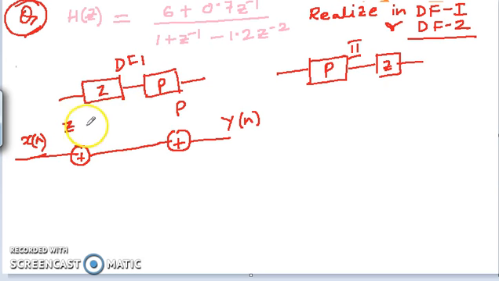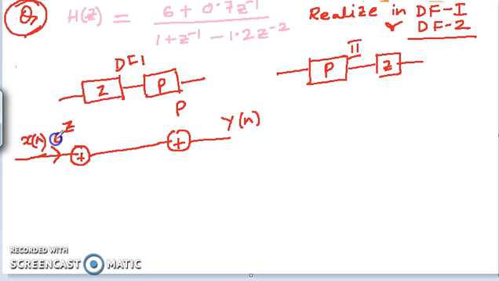Now just remember a trick: the coefficients of the zeros come as they are, but for the coefficients of the poles, the sign given will be reversed. That is the trick, nothing else. So for x[n] in direct form 1, the 6 is coming directly.